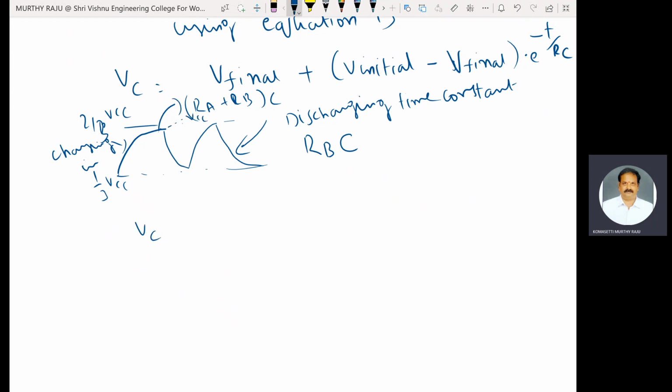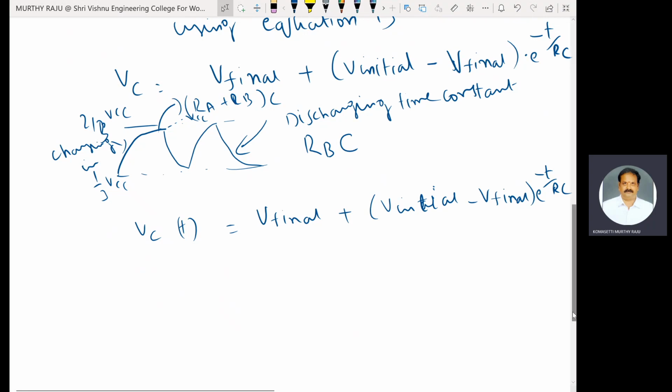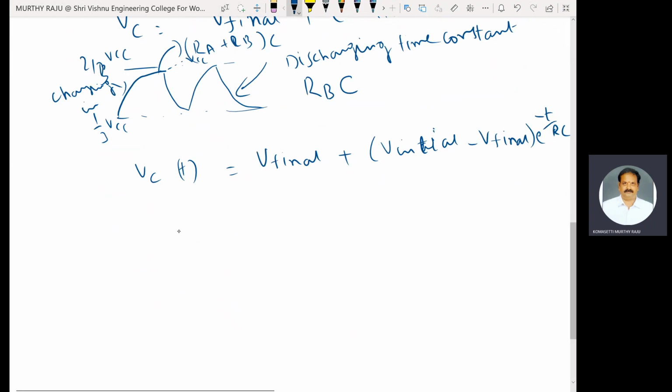According to the equation, VC of T is equal to V final plus (V initial minus V final) e power minus T by RC. Here V final is VCC.